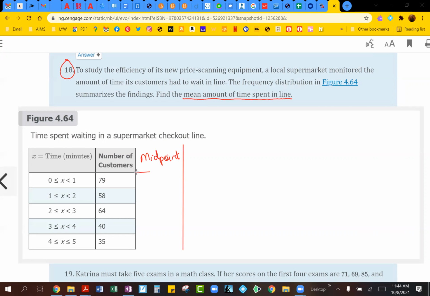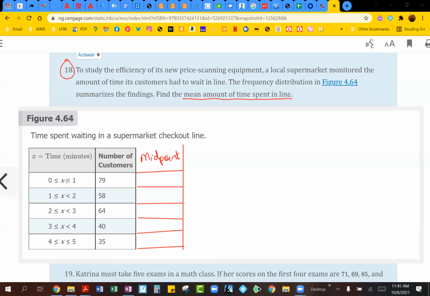Okay, let's create an extension to this table. So for the midpoint, remember again, you're adding the lower limit with the upper limit, and then dividing by 2.